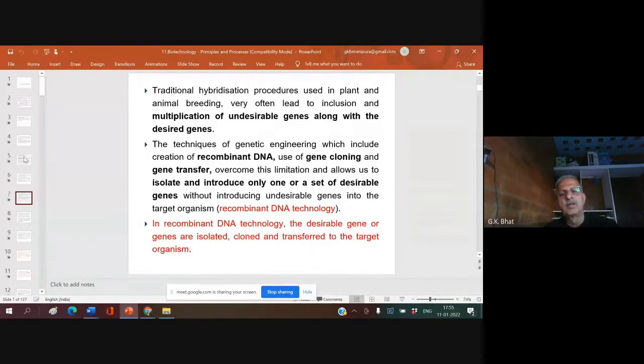Now what happens? In this hybrid, you may get that very good amount of milk yield, but at the same time, it may also get another habit.